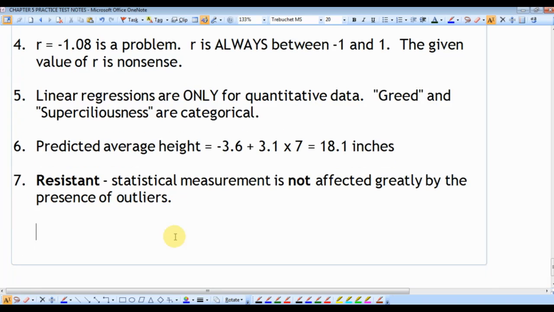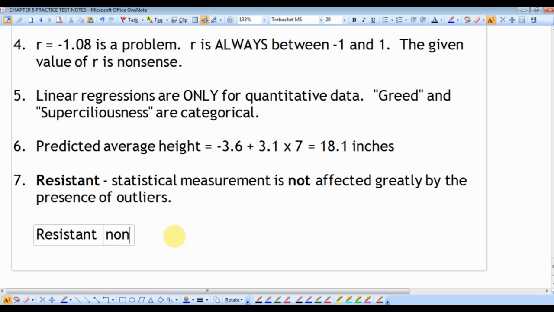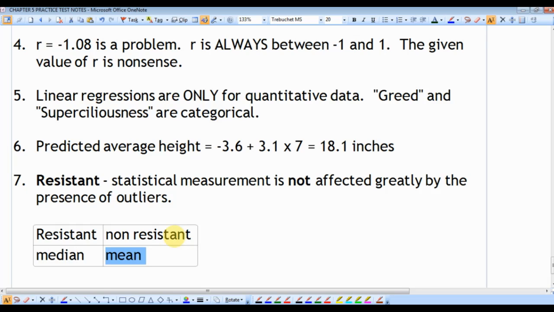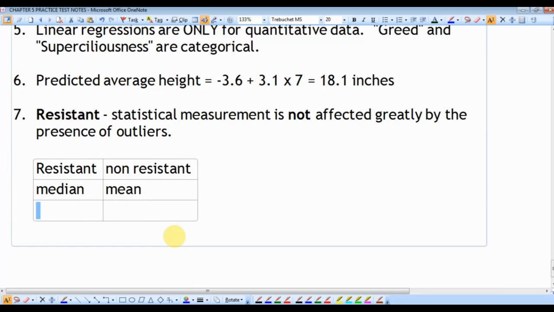Okay. So what are resistant measures? When I say statistics, I mean things like the mean. The mean actually is not resistant. However, the median is resistant, because if you just knock out one number, it doesn't really change the IQR because you're talking in percentiles.